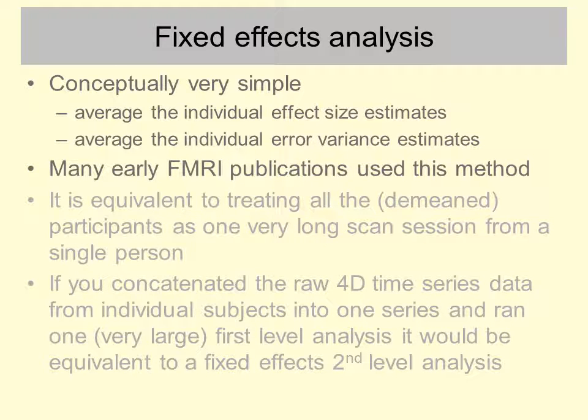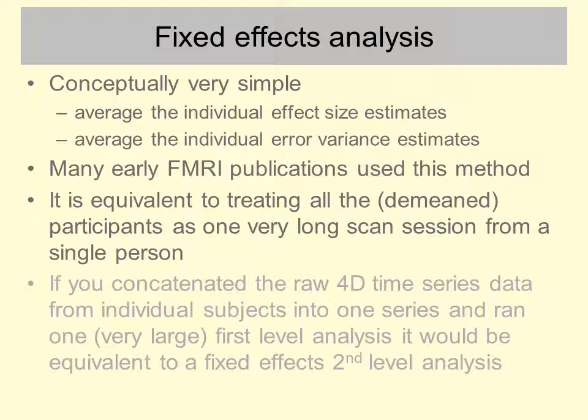This was what was done for group analysis purposes in many of the early fMRI publications. It's actually equivalent to treating all your participants as if they were one participant.